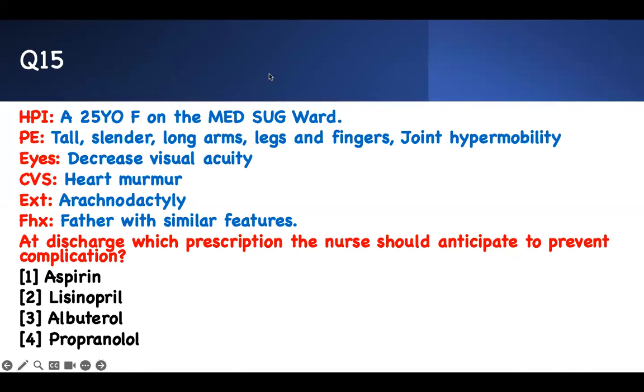The same question. Now you know the problem. We don't want them to rupture the aneurysm and have dissection. Which prescription should the nurse anticipate to prevent complications? The problem is we want to decrease their blood pressure, and then we want to decrease their heart rate. Which of these medications? You see what I did, because I know the content.